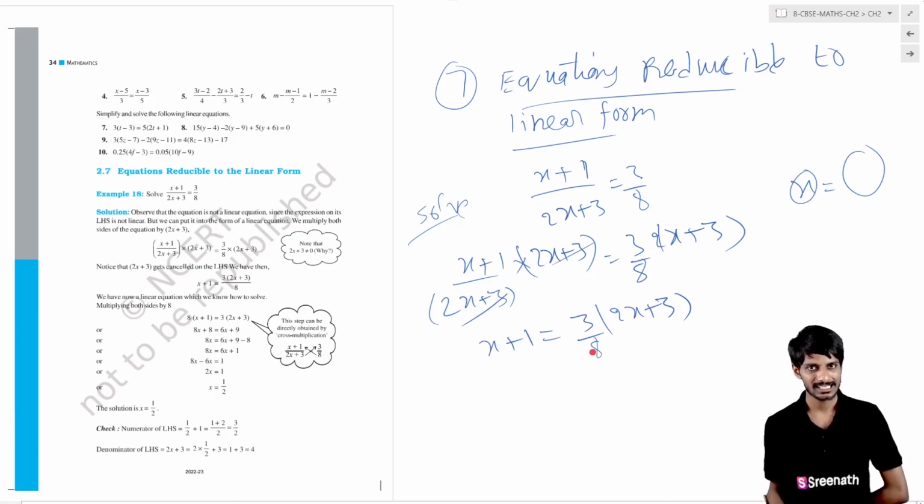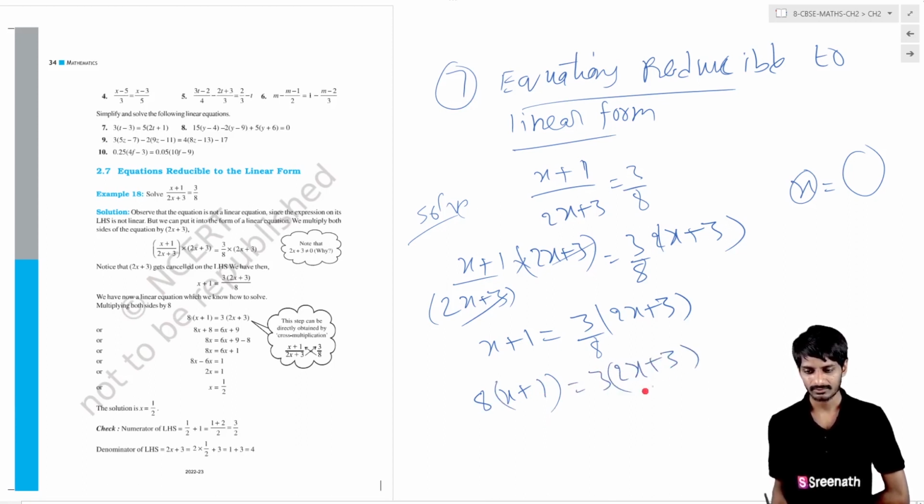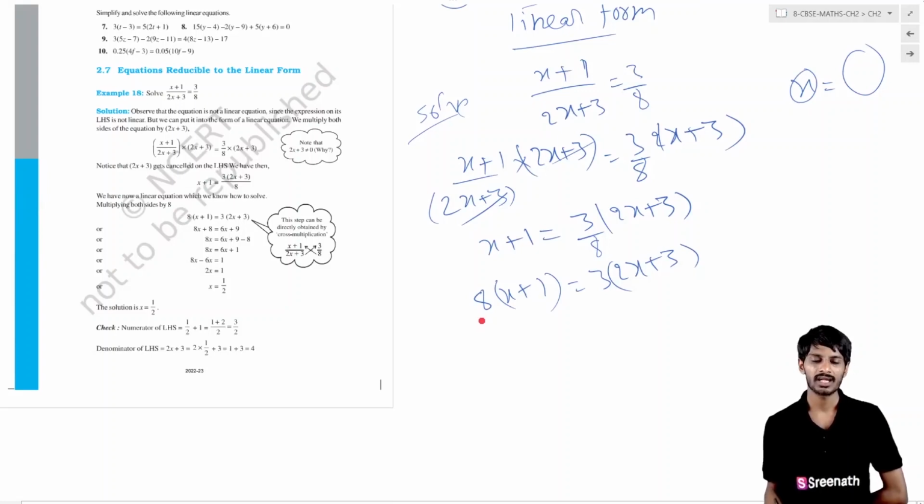Now what you have to do here? Basically it is dividing, so whenever you shift it to this side it will multiply. So 8 into x plus 1 is equal to 3 into 2x plus 3. So 8x plus 8, and 3 2s are 6x plus 3 3s are 9. Now you have to shift this 6x to this side.